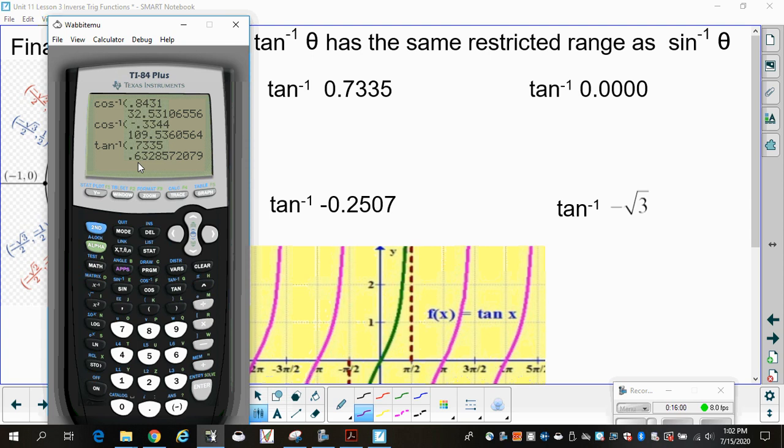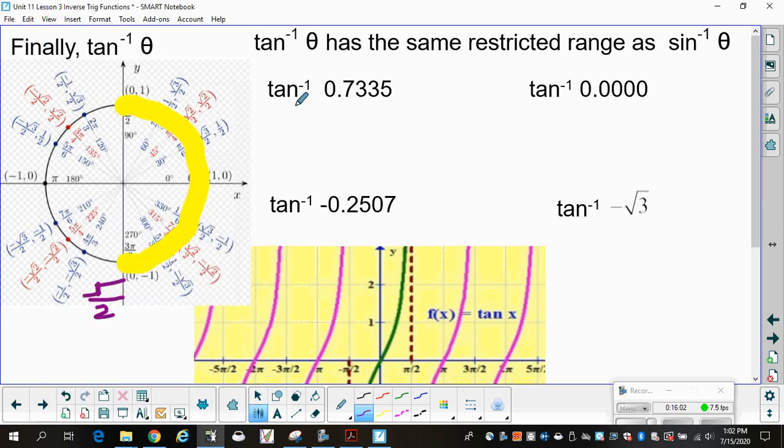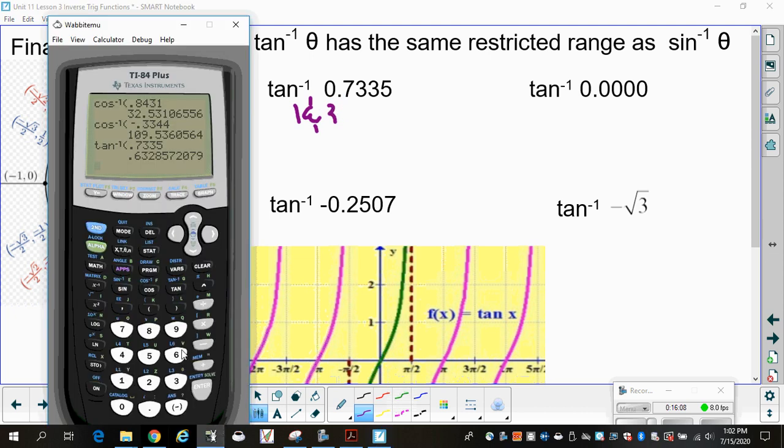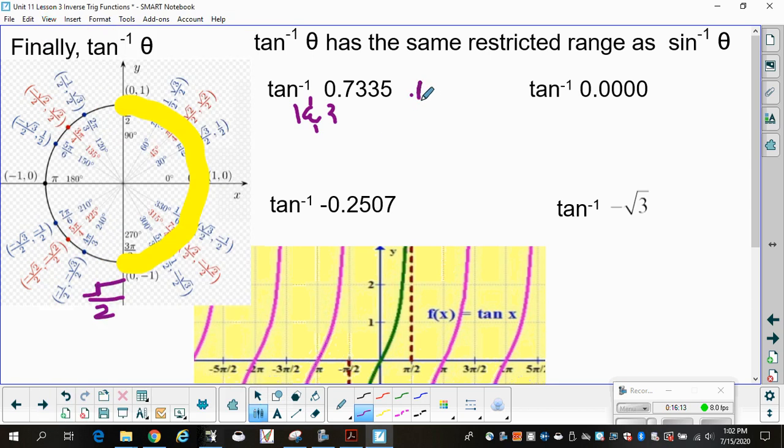And tangent is positive in quadrants 1 and 3. So what would I do? Well, I would take 0.6329. I know it's giving me a first quadrant angle, so to get the third quadrant angle, this is my quadrant 1.